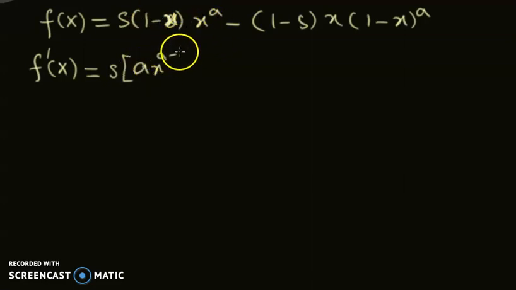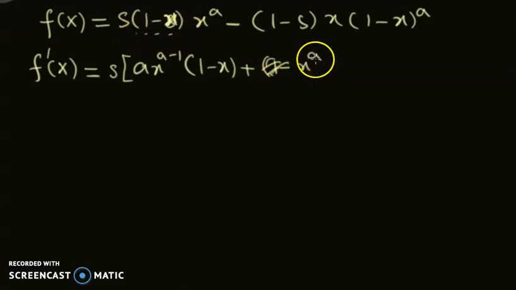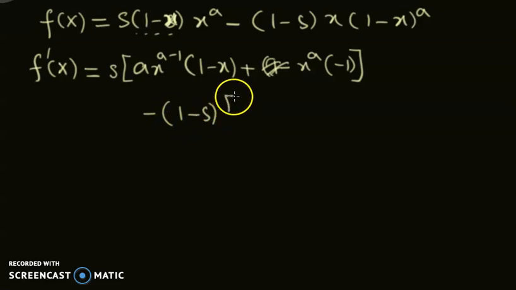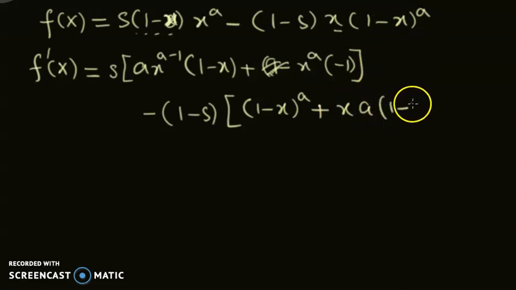So a times x to the a minus 1, and 1 minus x same, and then this plus 1 minus x will be, okay, so x to the a will be same, and this guy will be differentiated. So the derivative will be minus 1, and this way minus 1 minus s will be over here, and then this will be differentiated. So derivative of this is going to be 1, so 1 minus x to the a, then plus x will be same, derivative of this is going to be this guy over here times minus 1 by chain rule.